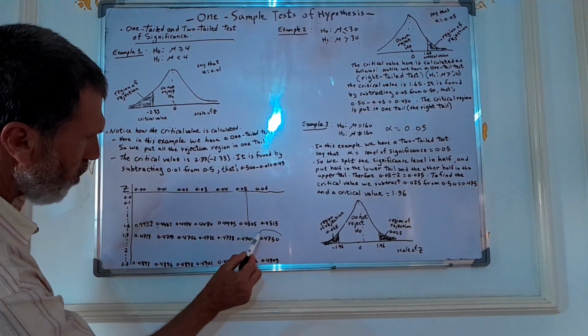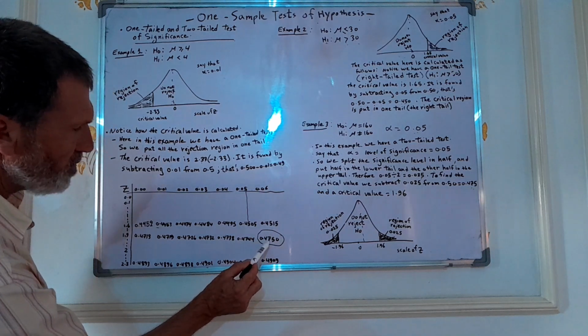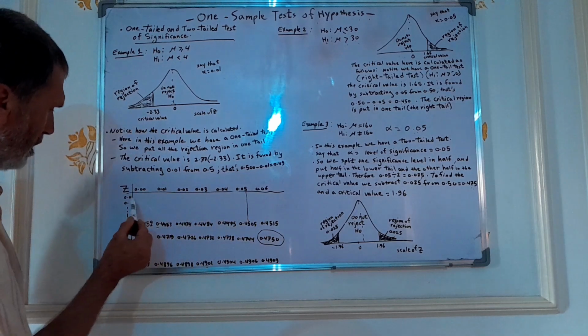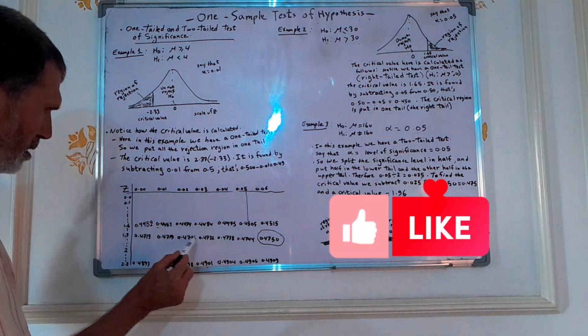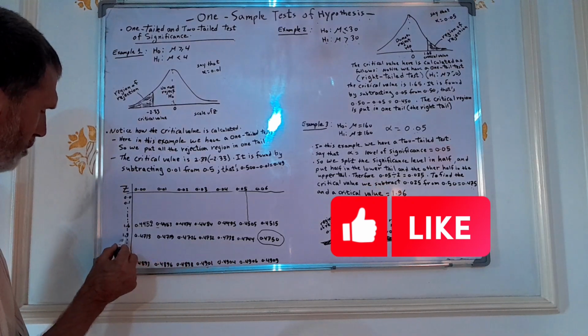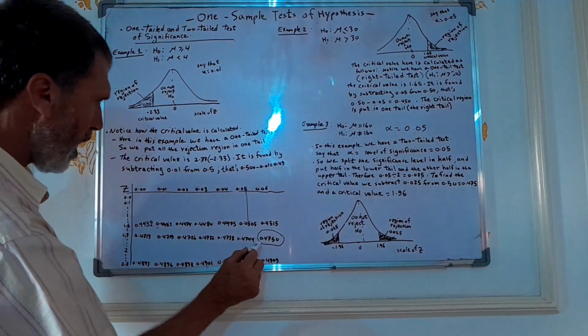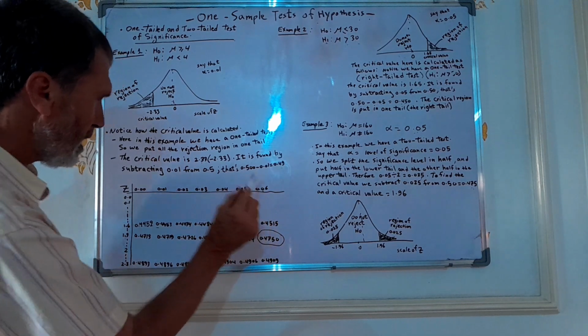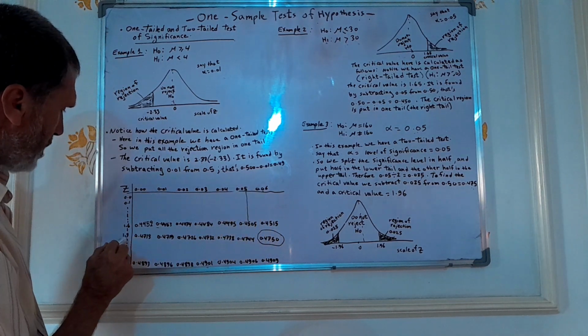This is here, 0.4750. So now look at the intersection of the row and the column. We move to the left all the way to the column, we get 1.9, and then we move up to the row, we get 0.06. So the critical value is 1.96.